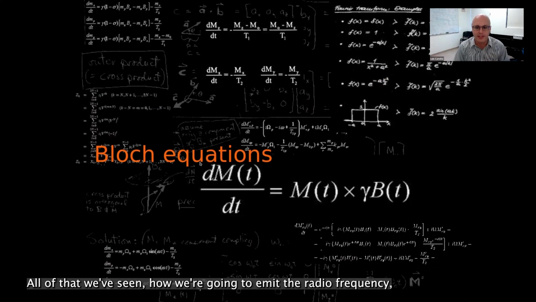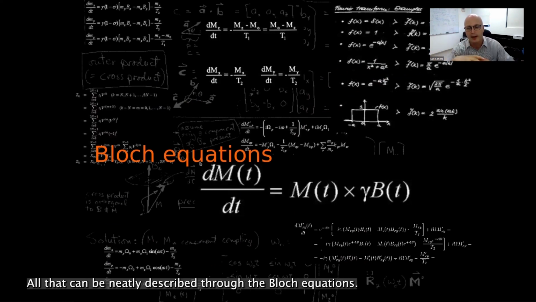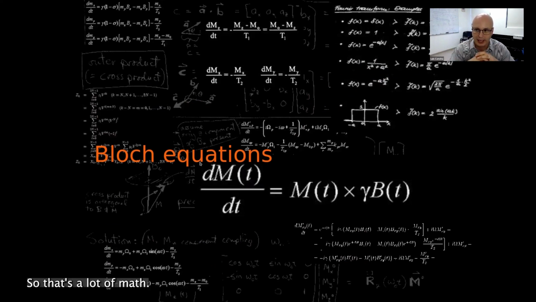All of that we've seen, how we're going to emit the radio frequency, how it's going to change because of the B0 differences, how long it's going to take to decay, how long it's going to take to relax completely. All that can be neatly described through the Bloch equations. So that's a lot of math.